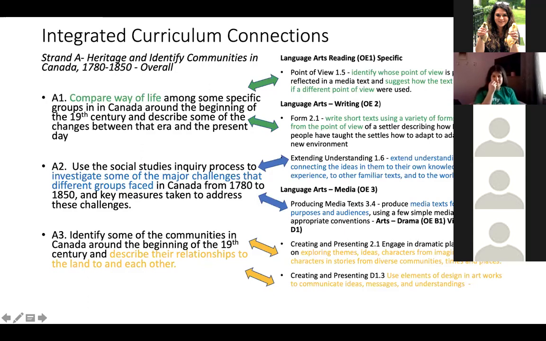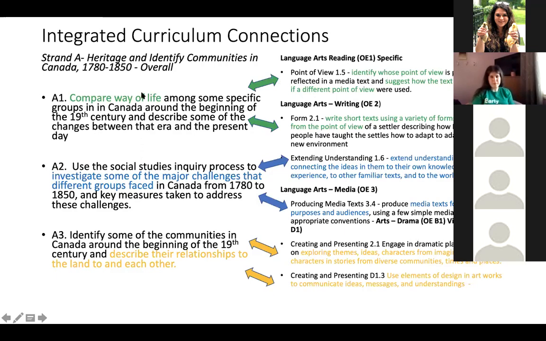So hi, everybody. So over here on this side, we have the overall expectations that you saw right at the very beginning. And I've highlighted here the things that they are doing. And so in A1, they're comparing the way of life of specific groups in Canada. And so the language expectations that are going to help fulfill that expectation are the point of view and the form. So here they're identifying whose point of view it is.